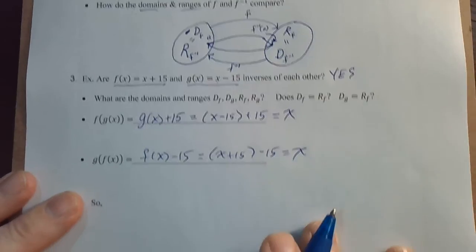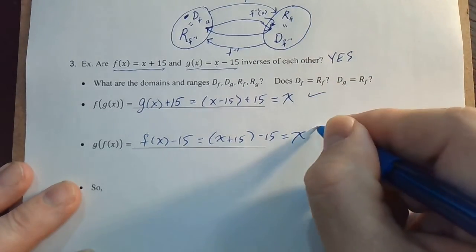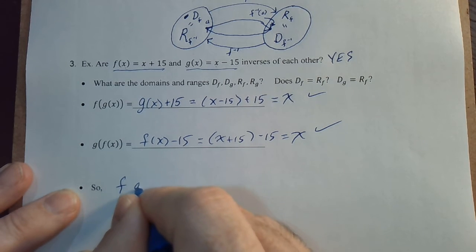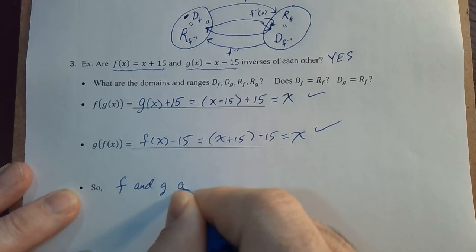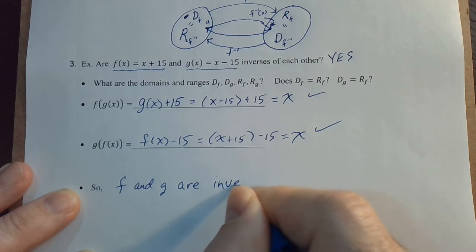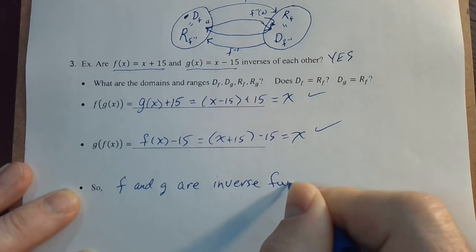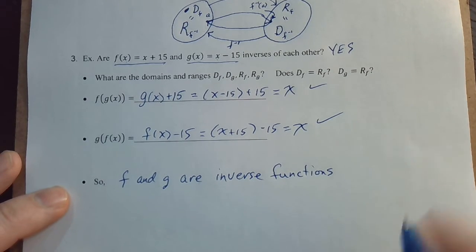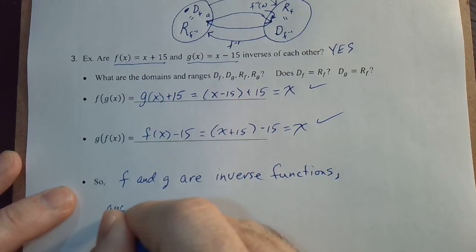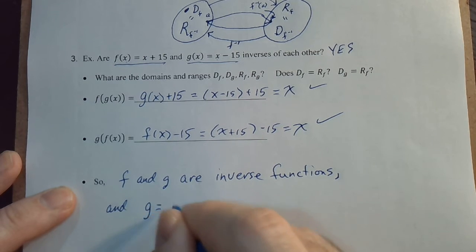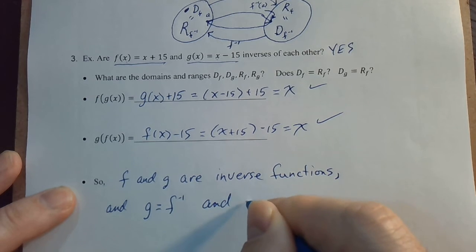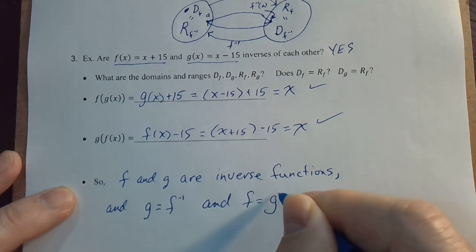So in conclusion, because of this, we can simply say that f and g are inverse functions. And I'm going to state that another way. g is equal to f inverse, and f is equal to g inverse.